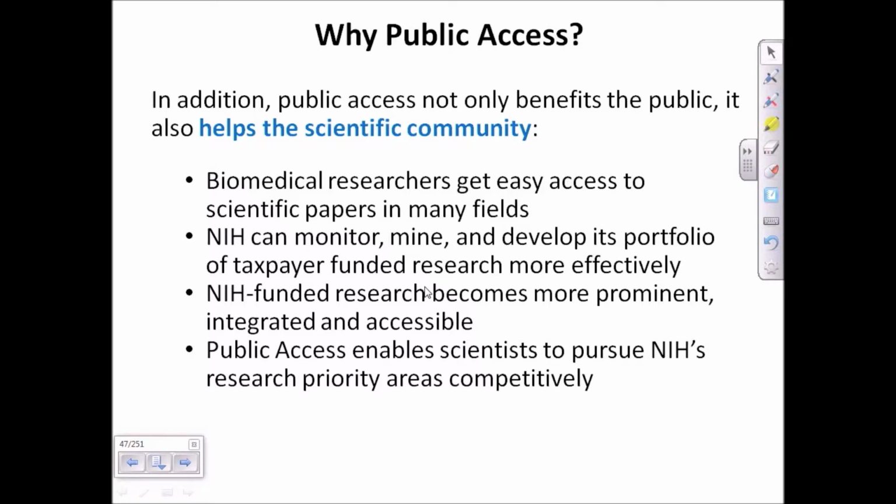You can go into PubMed Central and find that out. You can see, here's where the need is. We need to do some research in this one particular area because there's nothing on it, or there's only one paper on it. You can tell through PubMed Central very quickly where those areas are. So public access is very beneficial for the public and for the scientific community.